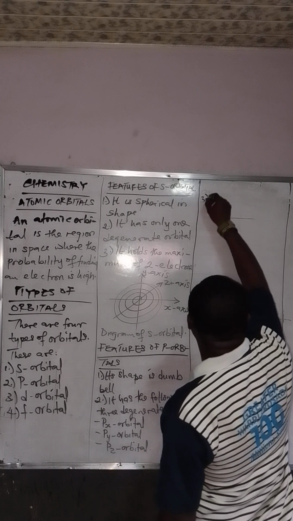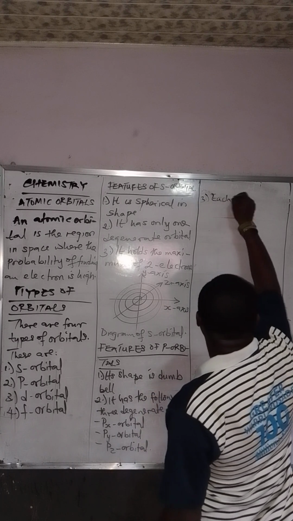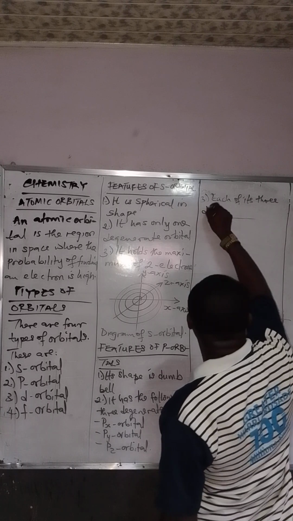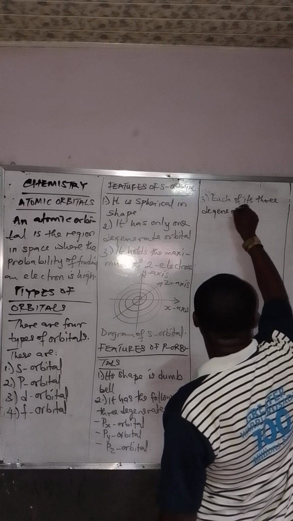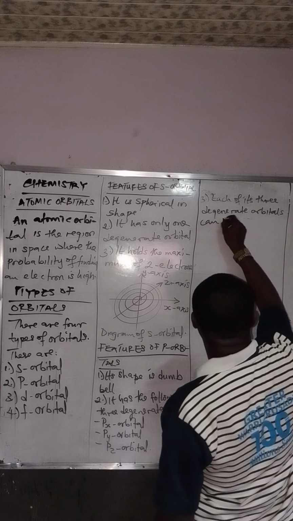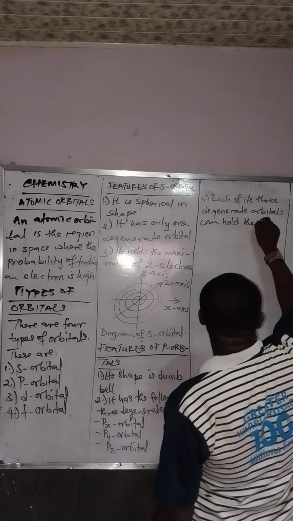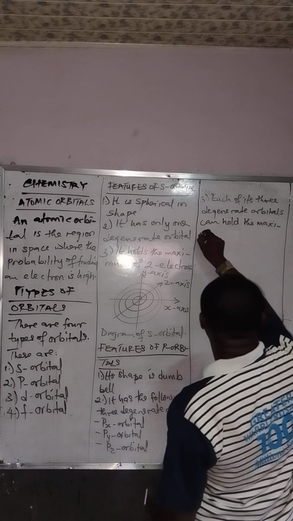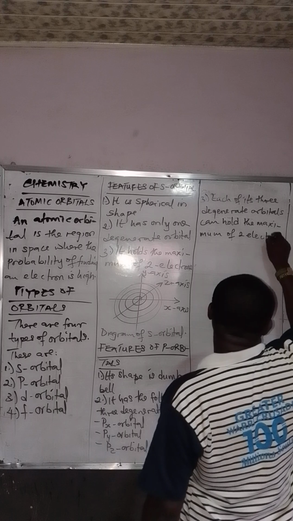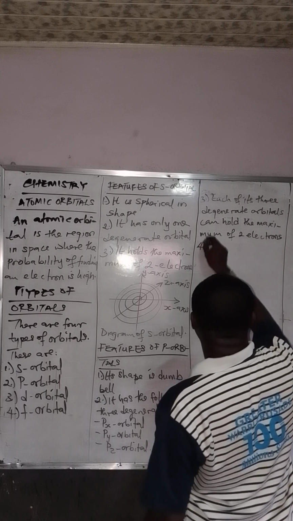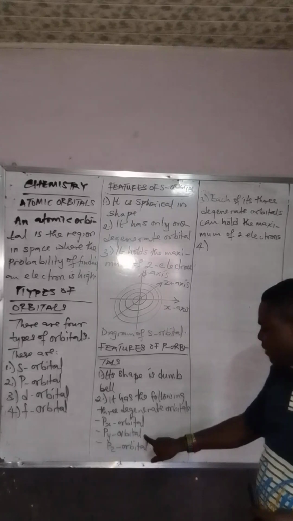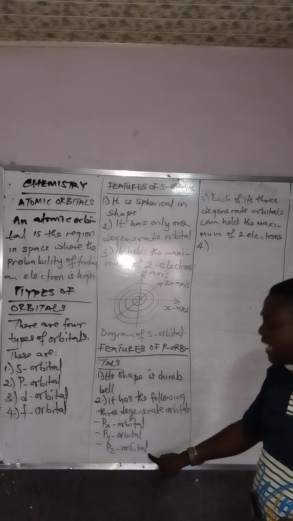Then number 3 feature is that each of its 3 degenerate orbitals can hold a maximum of 2 electrons. Px can carry a maximum of 2, Py a maximum of 2, Pz a maximum of 2.